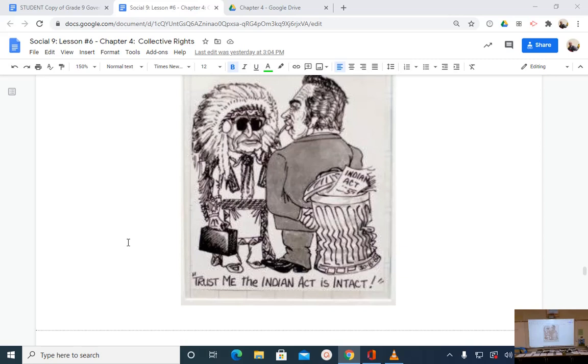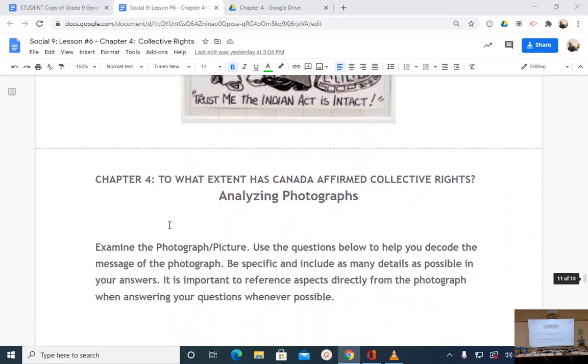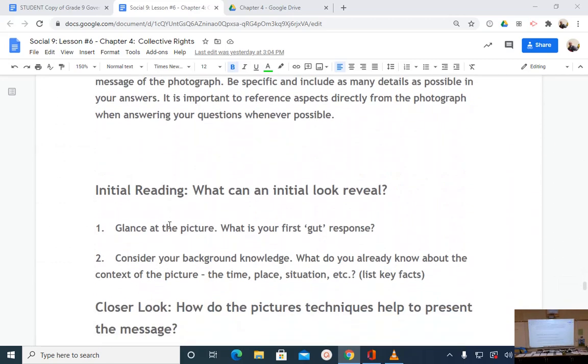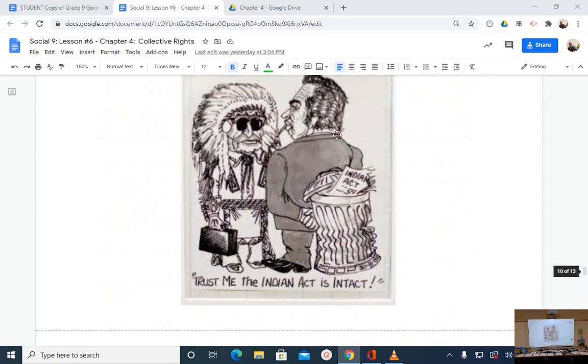So, the neat thing about this cartoon is there are steps here that help us analyze the cartoon. Step one, just glance at the picture and try to get a holistic, big picture view and say, okay, what's our gut saying about what's happening here? Two guys are meeting.